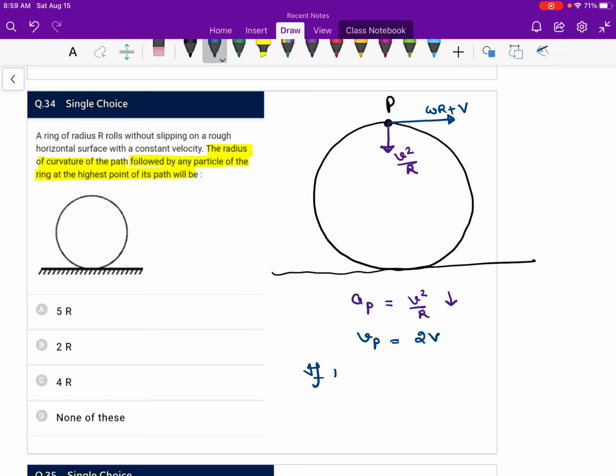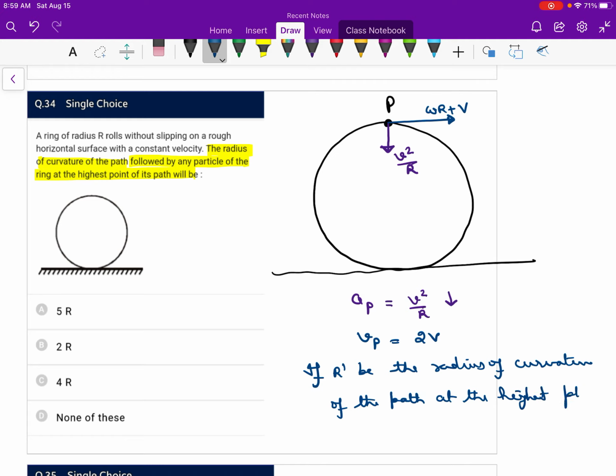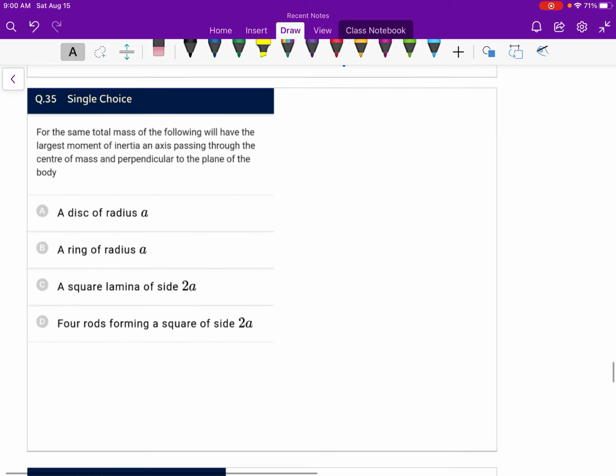Now if r dash be the radius of curvature of the path followed at the highest point, then AP is Vp square upon r dash. So r dash is 4v square upon v square by r, so that is 4r. So C is the correct option.